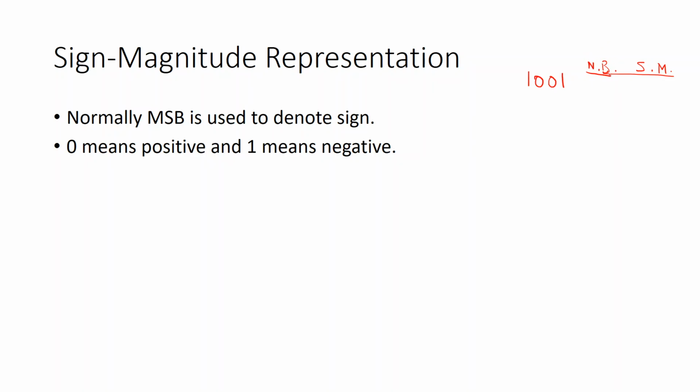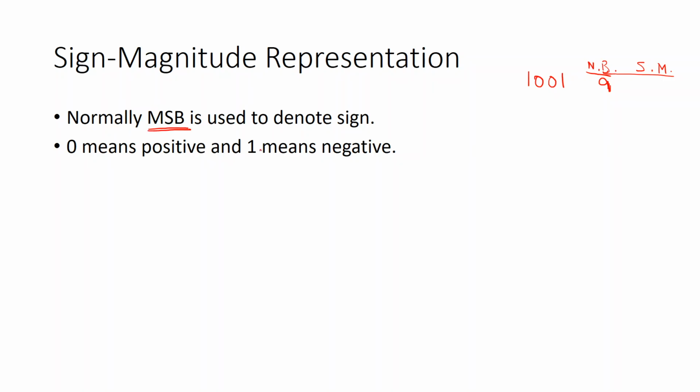The quantity represented when this number is in normal binary is 9, and of course this is plus 9. The magnitude is positive in normal binary. But in signed magnitude representation, what happens? You have to note down the MSB first.